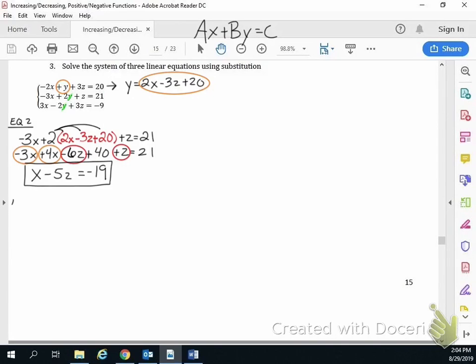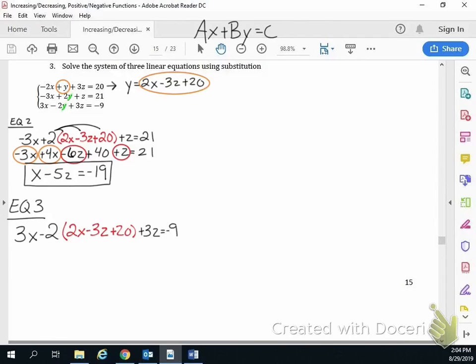Because now I'm going to take equation 3, and again I'm going to plug this in for y. So I've got 3x minus 2, and then now I'm going to put 2x minus 3z plus 20, plus 3z equals negative 9.